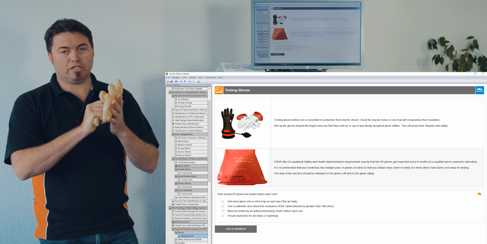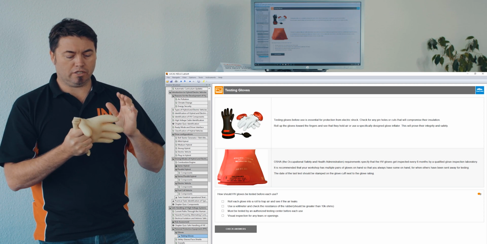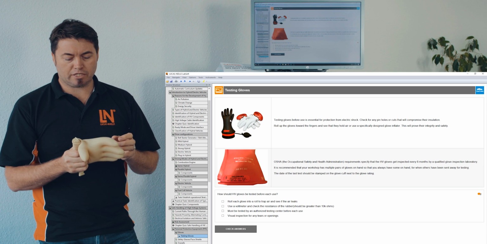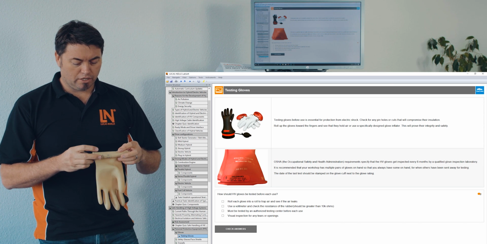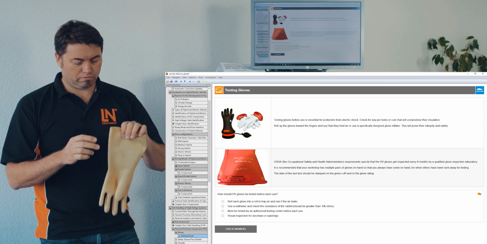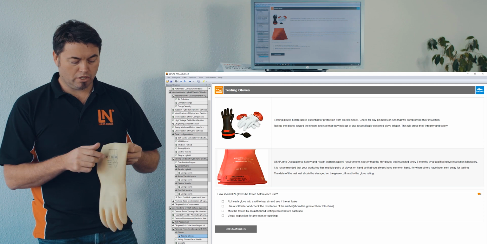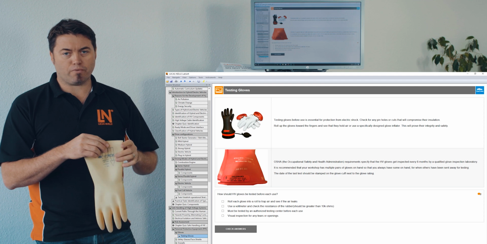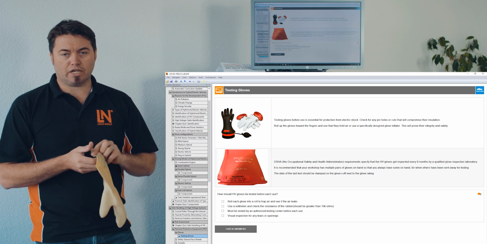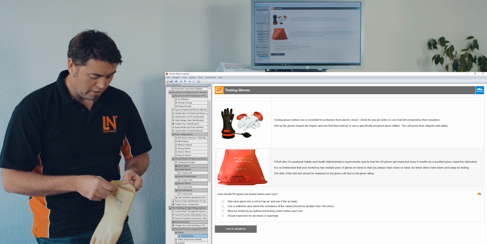Obviously, please get them sent out to the laboratories for testing when they're due. It always makes sense to have a few pairs of these in the workshop, especially at school. Have plenty around, because once they get sent out, they take a little while to get tested.